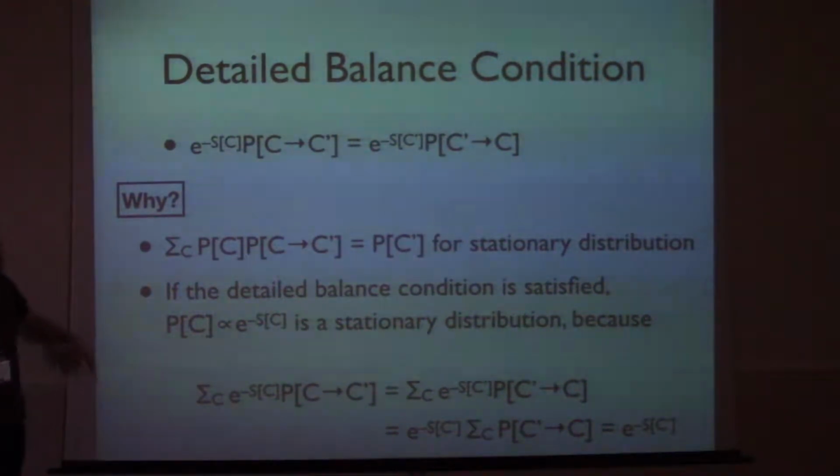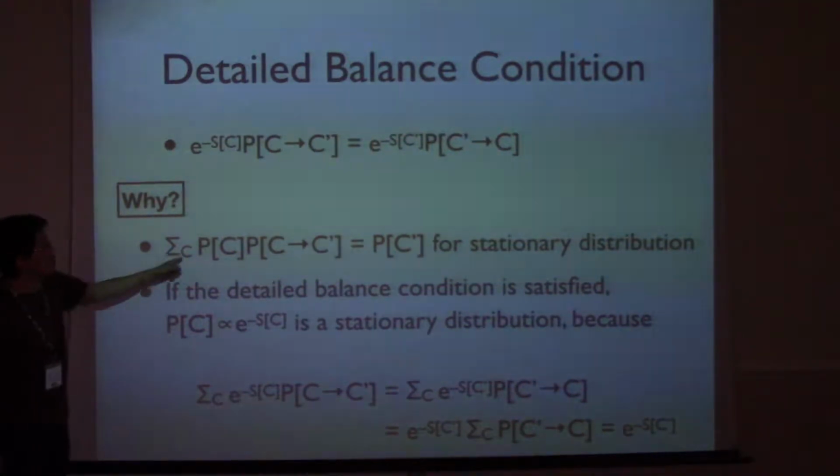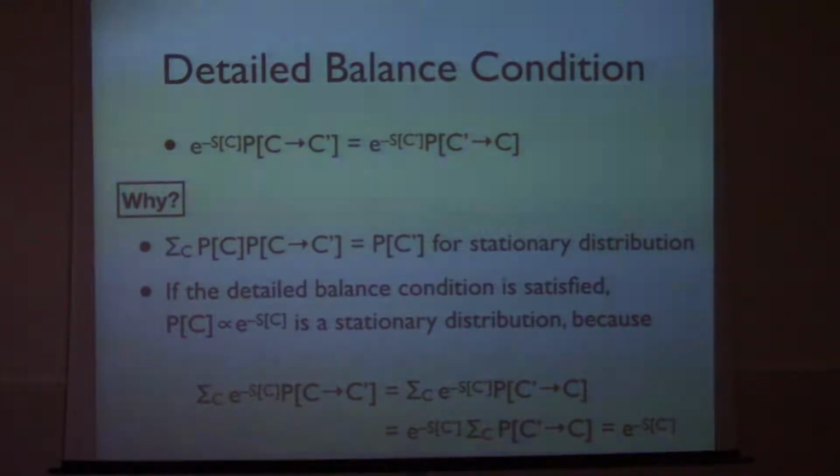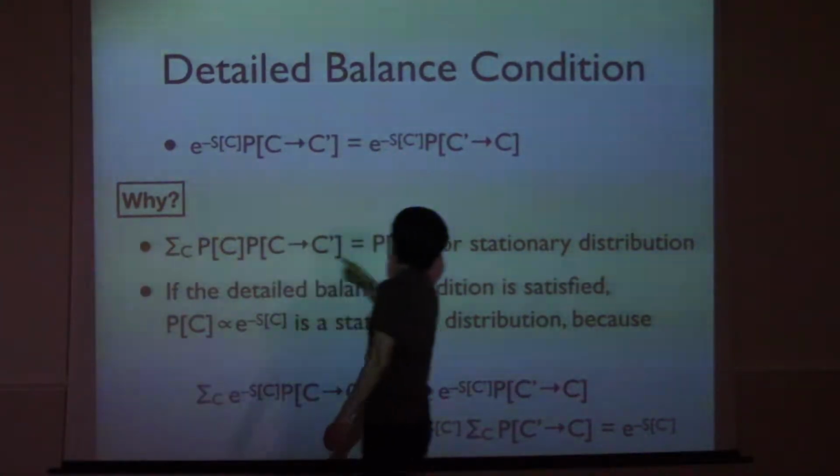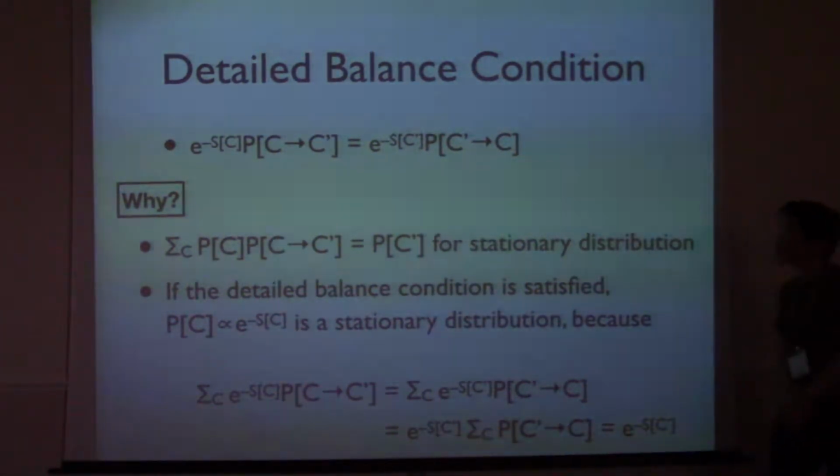Imagine that after a long time, this chain converges to some stationary distribution. And then, if you go one step further, the distribution should be the same. You just shift one step. So that means this stationarity condition should be satisfied.